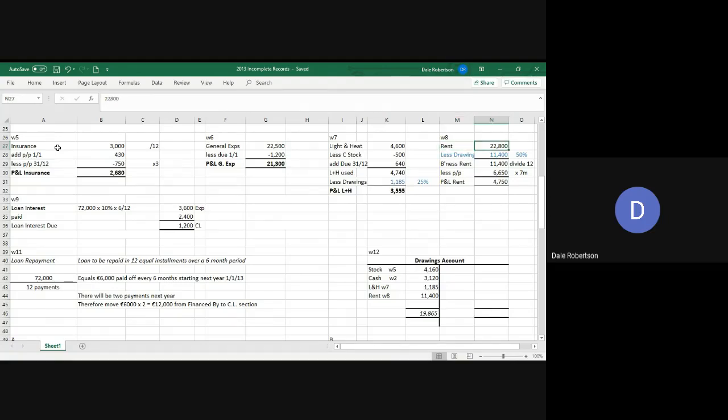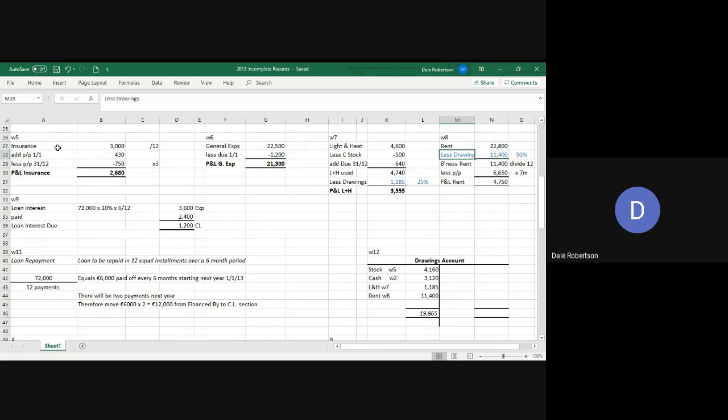It says the rent, 22,800, is payable in advance, and it is in respect of an adjoining building rented by Kelly on the first day of August, which is 7 months into this year. There are only 5 months remaining in this year. So it was estimated that half of the building was to be used as a private residence.